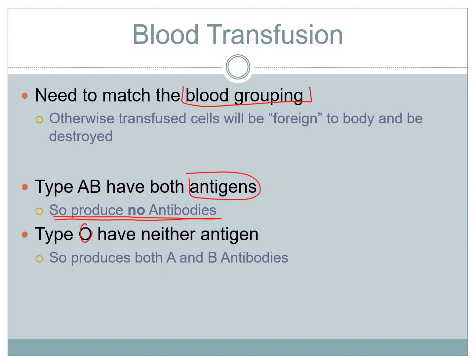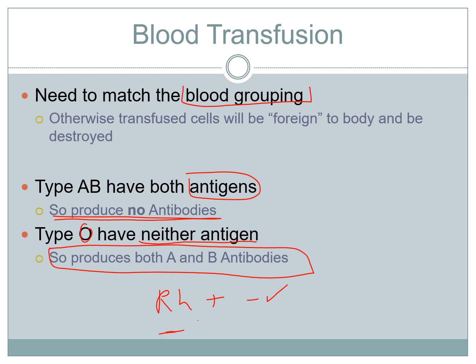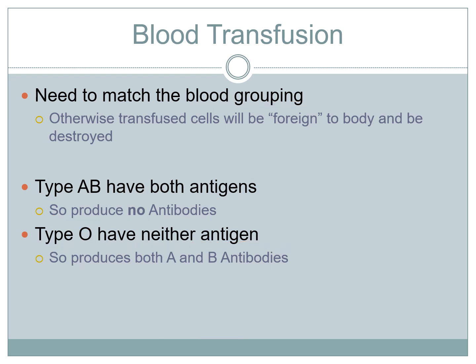Type O doesn't have any antigen, so has both antibodies. Okay? And when we look at the rhesus factor, we just have to be aware that if you're a positive, you can get negative, but if you're a negative, you shouldn't get positive. Okay, because of the chance of re-exposure. And that's particularly important when we're dealing with pregnancy, hence the reason why we give anti-D shots and that sort of thing.